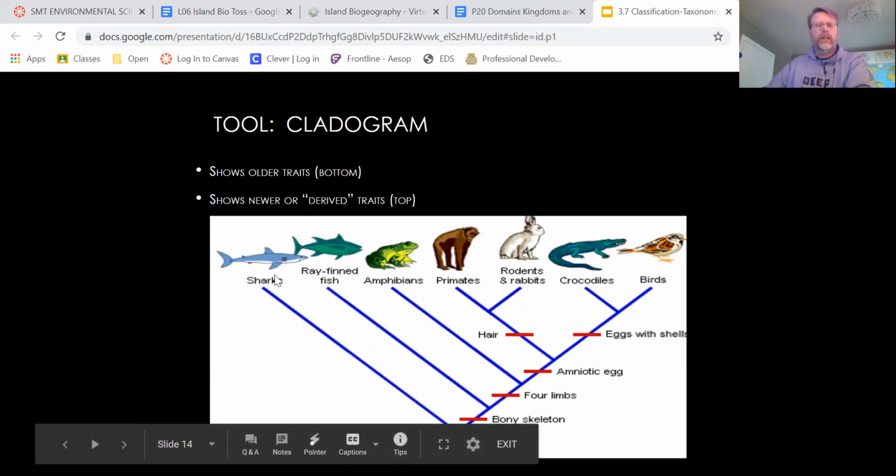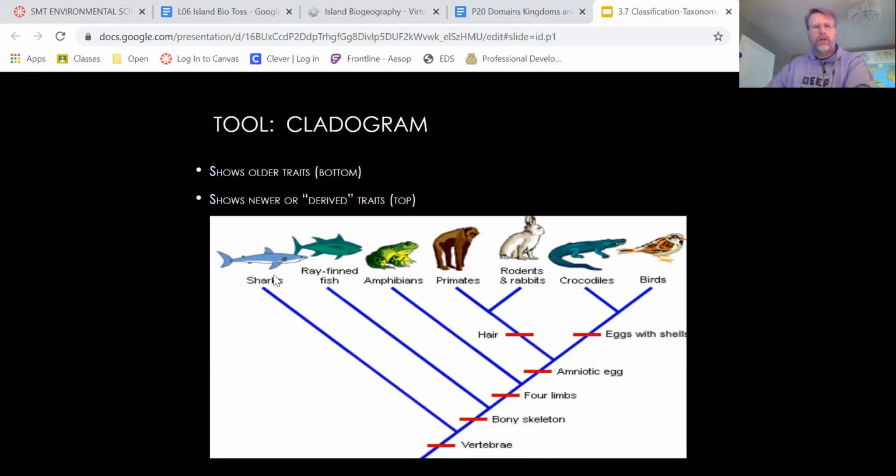One of the most amazing ones for me is sharks are significantly different from fish. They both live in the ocean, they both swim around, but when you look at the presence of bones and the bone structure for sharks versus bony fish, it is very different. In fact, bony fish's skeletal structure looks a lot more like amphibians and primates and crocodiles and birds than it does like sharks.